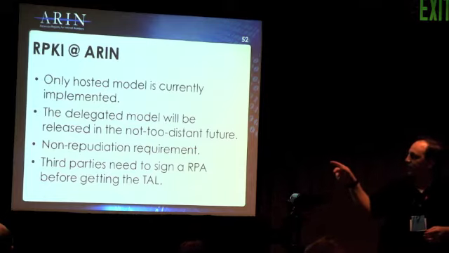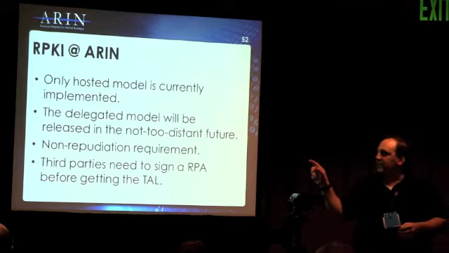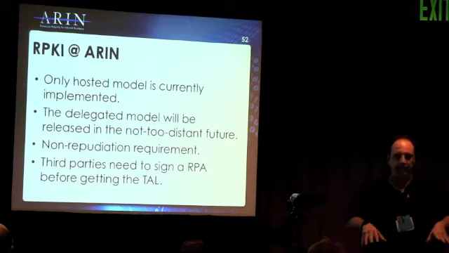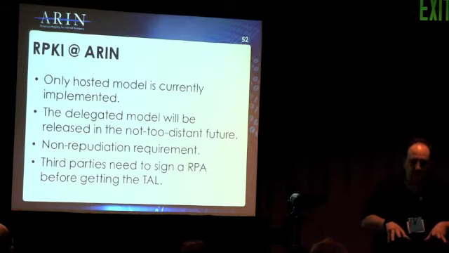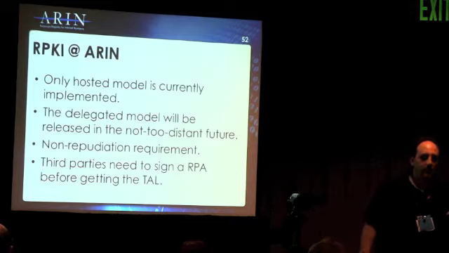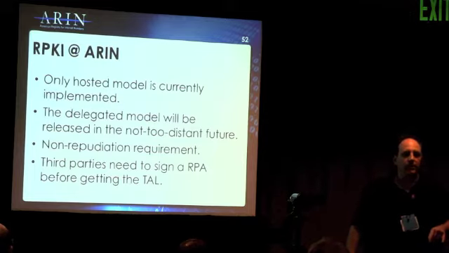The non-repudiation requirement is interesting. The idea is that even though we're hosted and all the key management is done on our systems, we want to make sure that nobody at ARIN can sign your ROAs without your okay. So when you get resources certified with ARIN, you submit a public key to us.